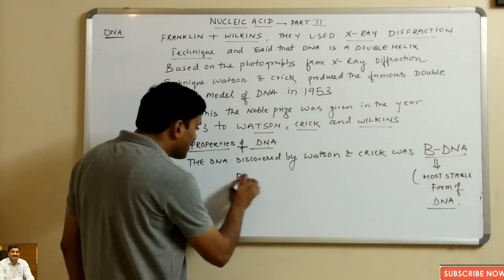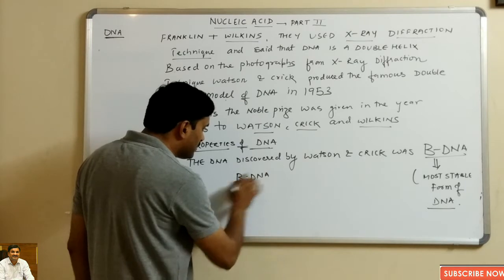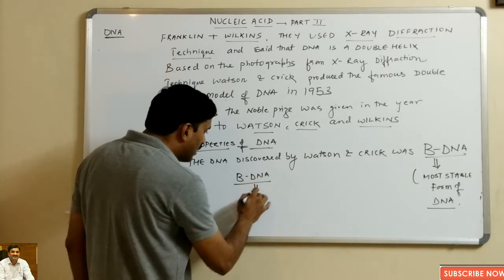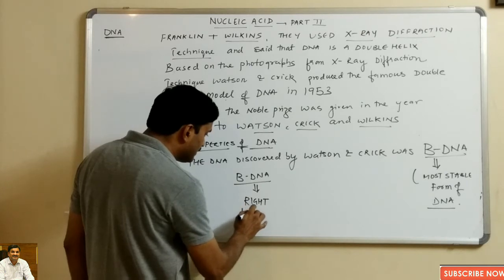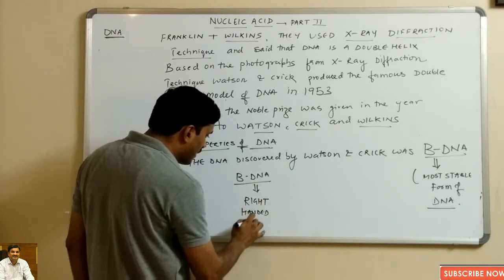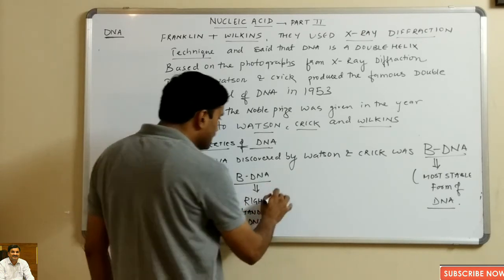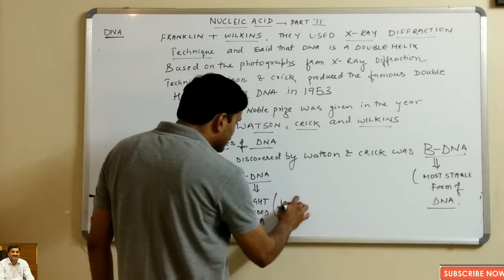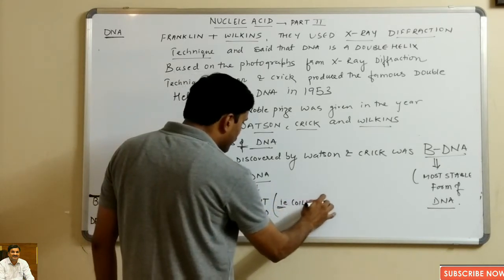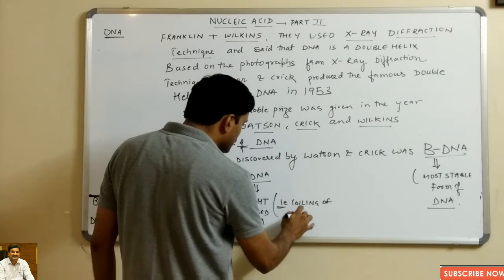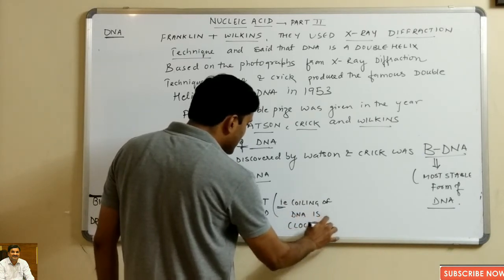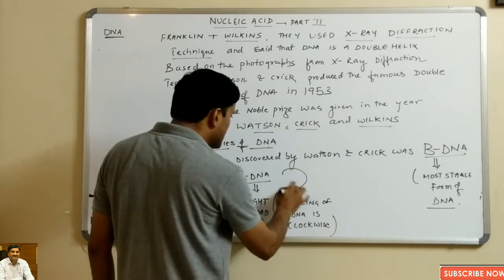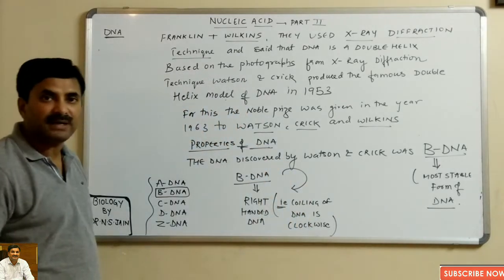Always remember that this B-DNA is a right-handed DNA, that is, the coiling of DNA is clockwise. Clockwise means it is in the direction of the clock. This is called right-handed DNA.